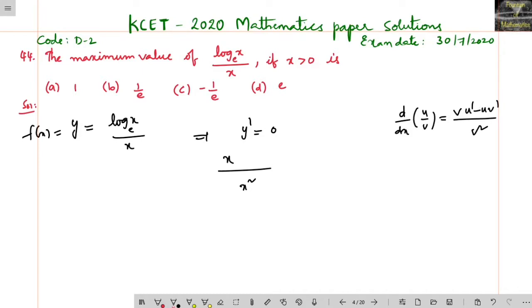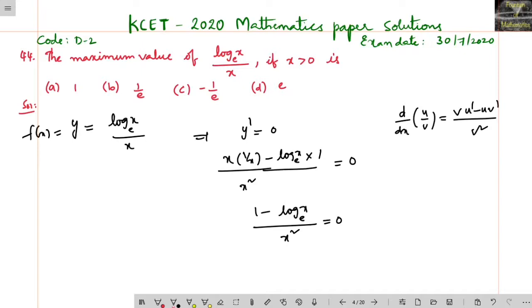So v is nothing but your x into d by dx of log x is 1 upon x, minus u is nothing but log x to the base c into v dash is d by dx of x is 1, so which is equal to 0, and this is 1 minus log x to the base c divided by x square is equal to 0.